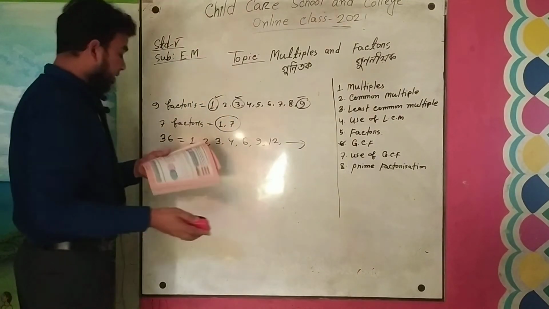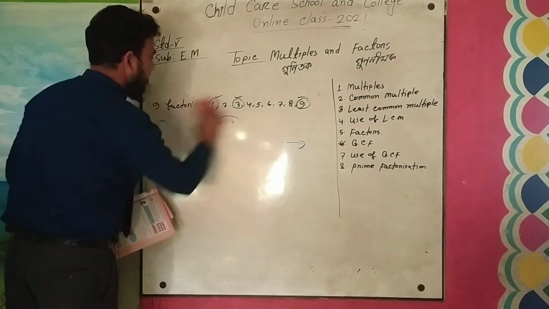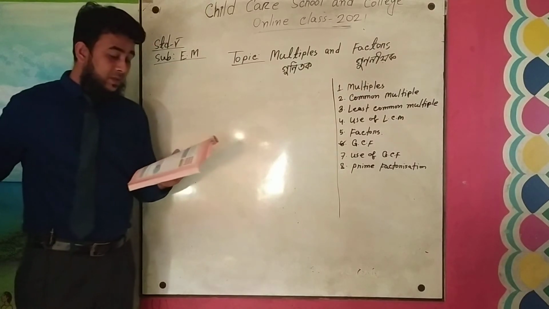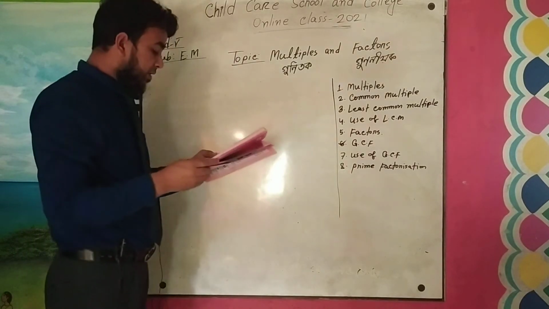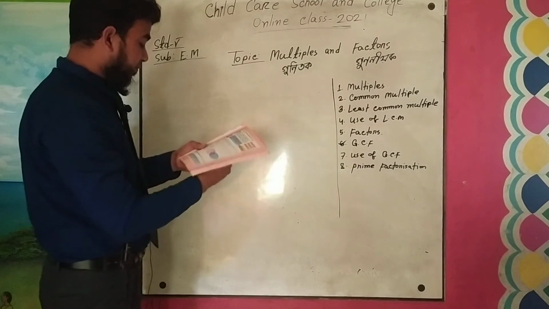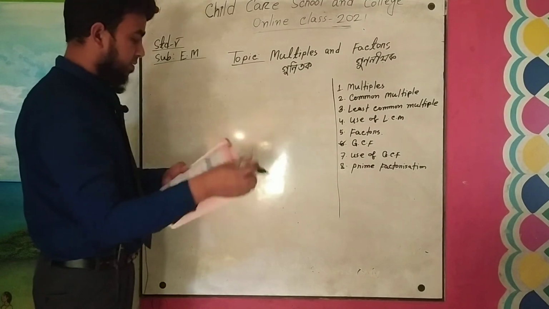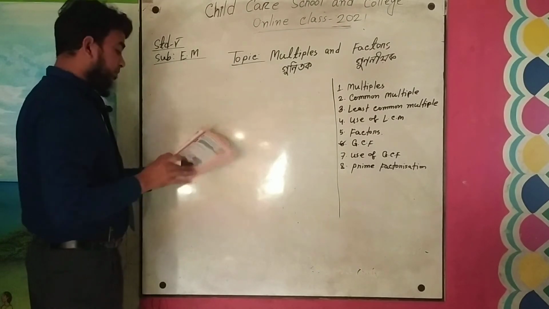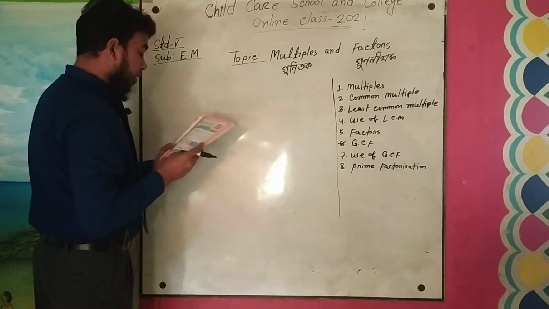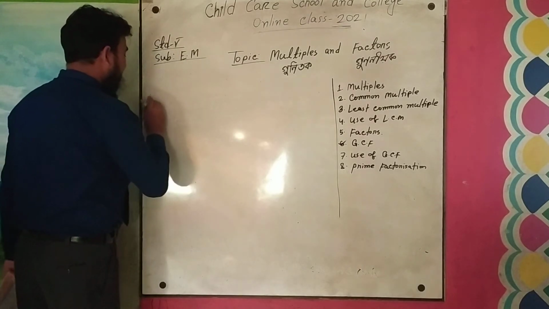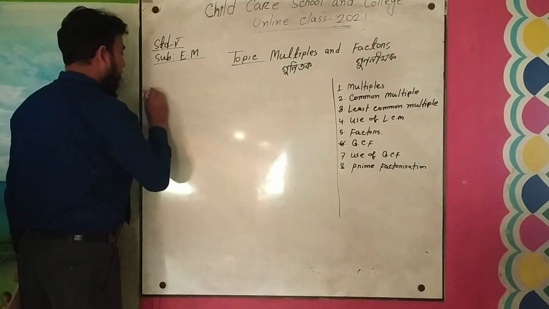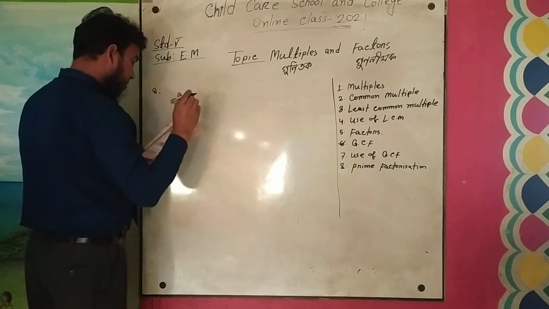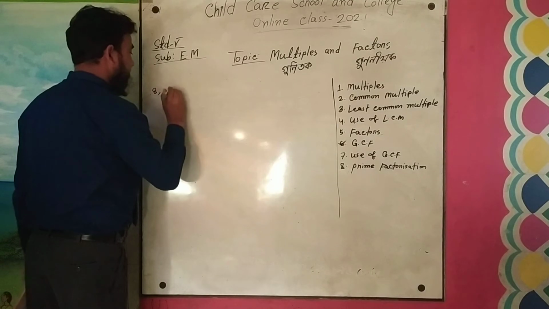Okay. Now everyone please look. Greatest common factors. Look here. If we want to find the GCF of 8 and 12, then what will we do?